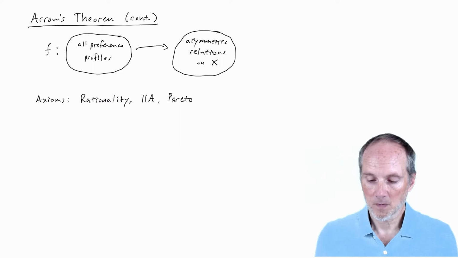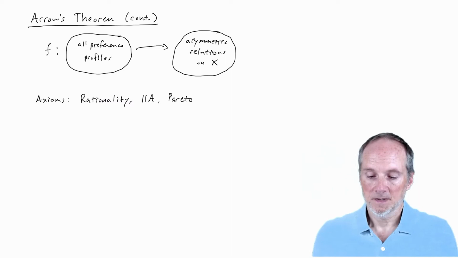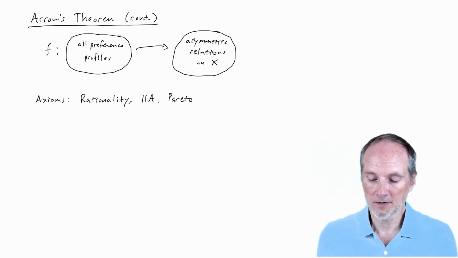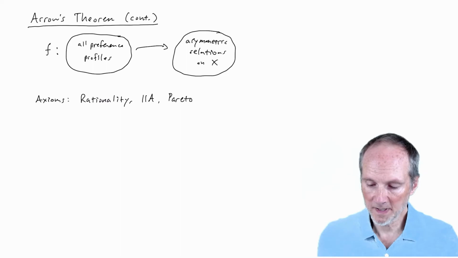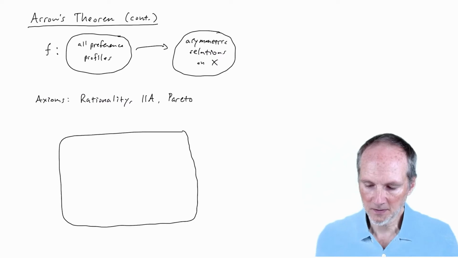Well, all right, so what we're going to do is impose these 3 axioms. We're going to say, okay, we're only considering social preference functions satisfying them. What does that leave us? That's the whole point of Arrow's theorem. One way of thinking about this is as follows.